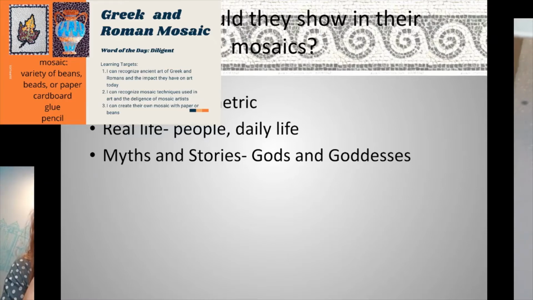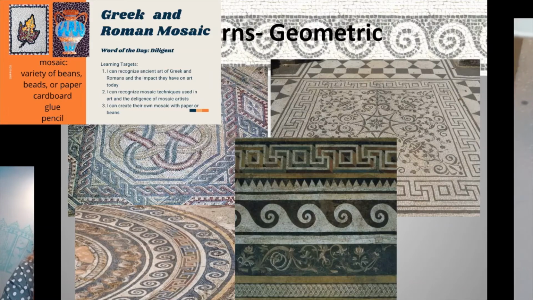So as you can see at the top there is waves, and that's a repeated form, right? It's a repeated pattern. And then there's also lines. That's a geometric line. They would sometimes show people and the daily life. They would also show myths and stories about gods and goddesses.